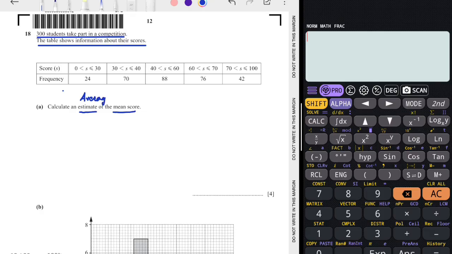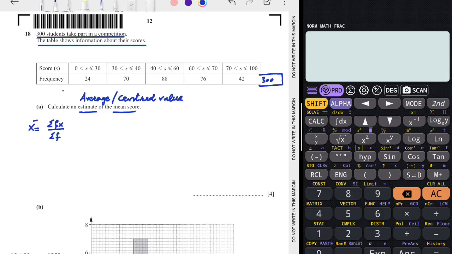Average is also called the centered value, and its formula is x bar is equal to sigma fx over sigma f. There are 300 students, so the total of the frequencies is 300.